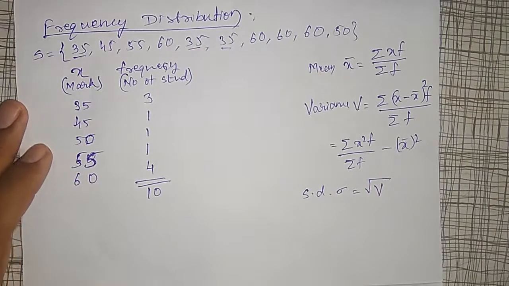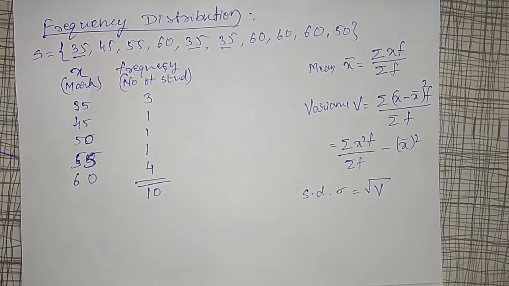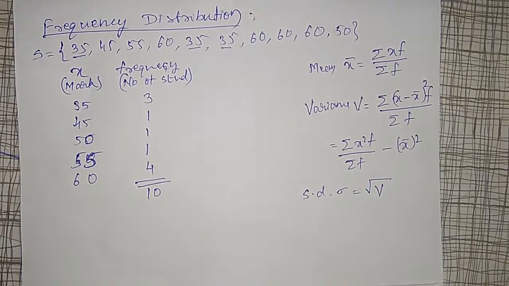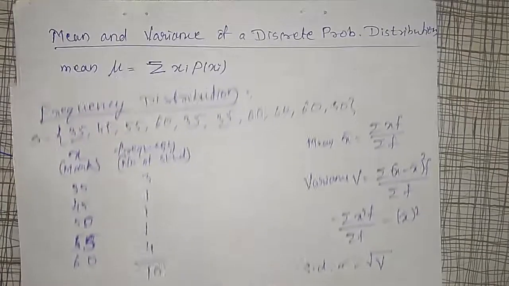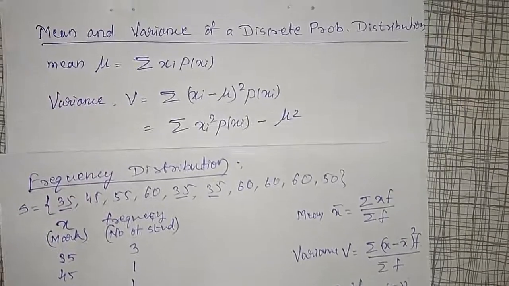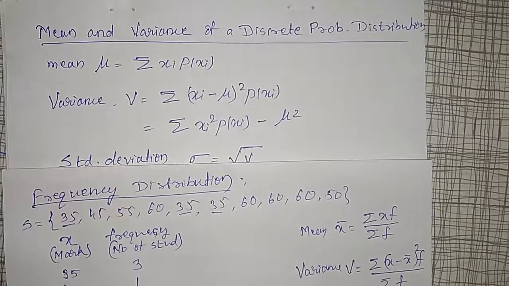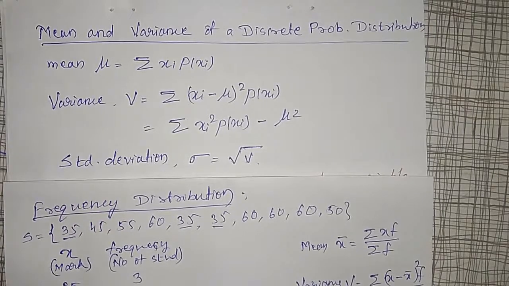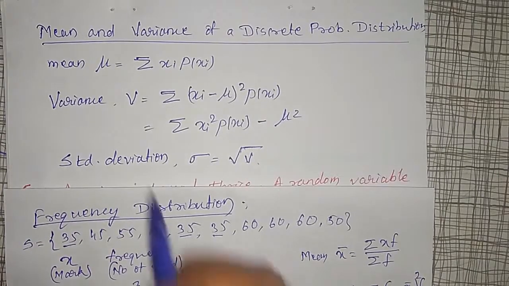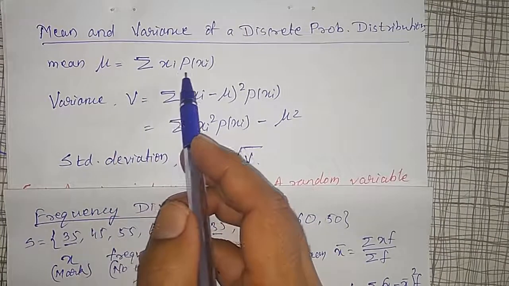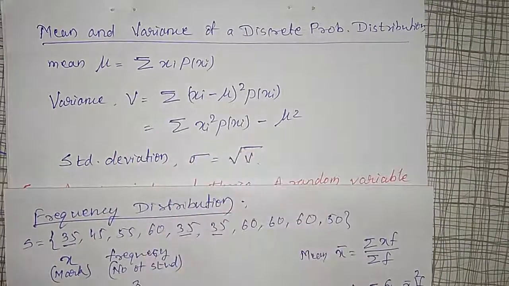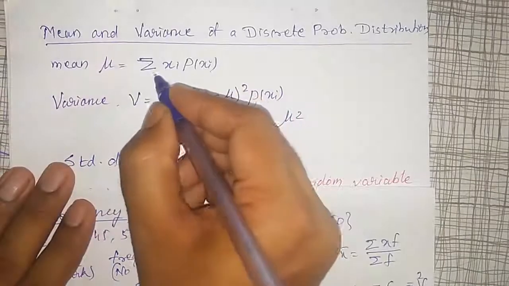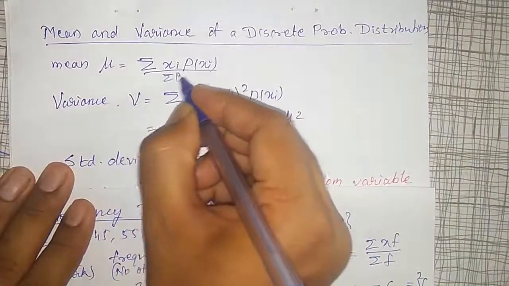Same thing I would like to discuss in the form of a probability distribution. The mean and variance of a discrete probability distribution: mean is equal to summation of xi into p of xi divided by summation of p of xi.